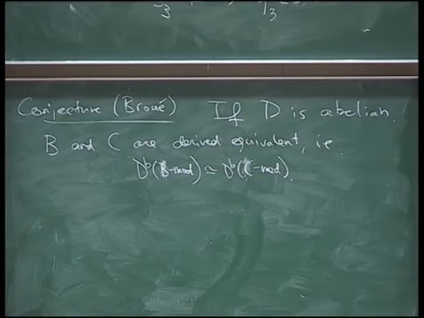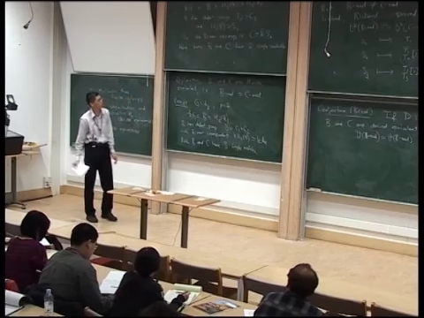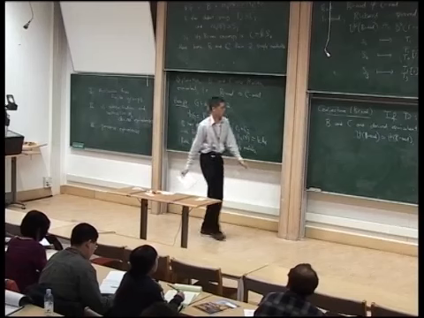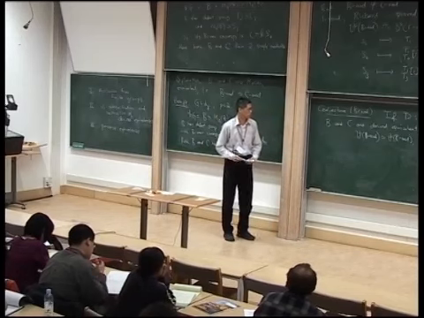Okay, and to explain why this implies the earlier conjecture of Alperin, I need to remind you about the notion of a Grothendieck group of an abelian category.